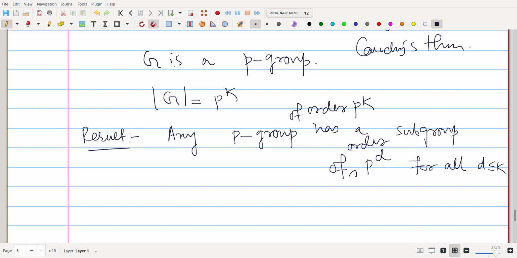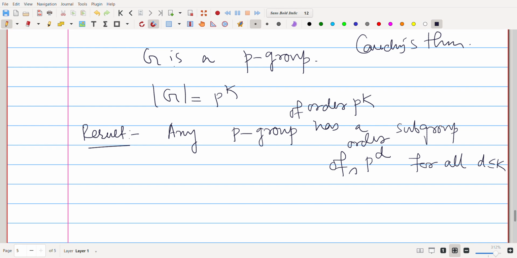And since it has exactly 3 subgroups, d can be 0, 1 and 2, hence k has to be 2. So the order of G must be p square. So the third one is also correct.